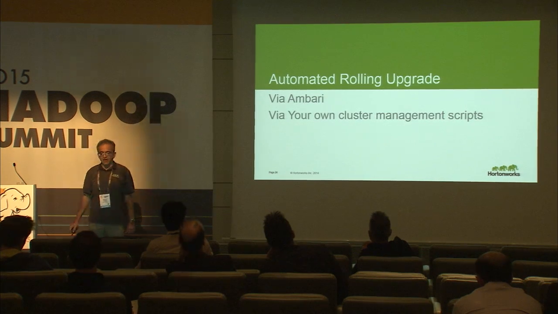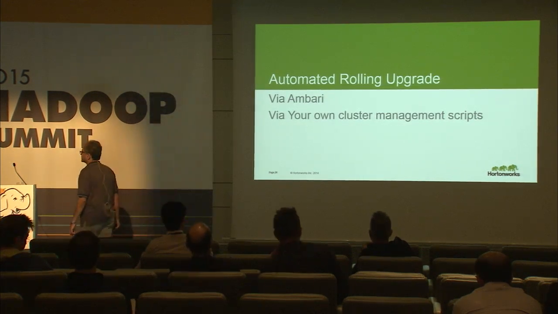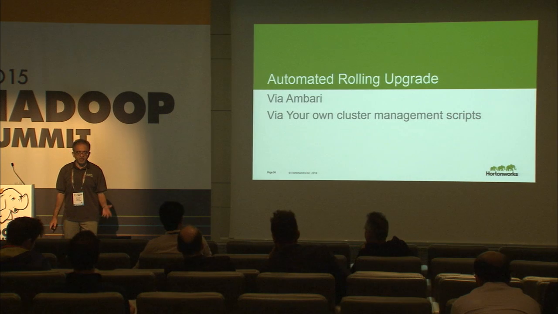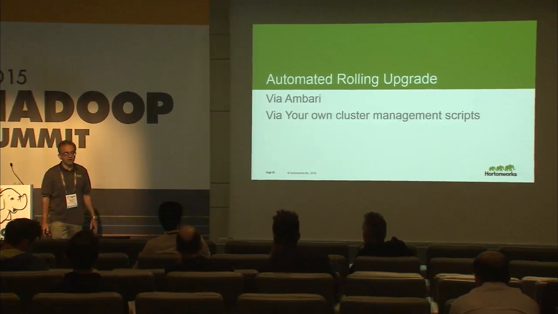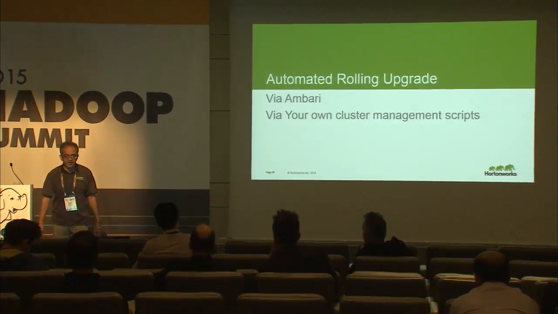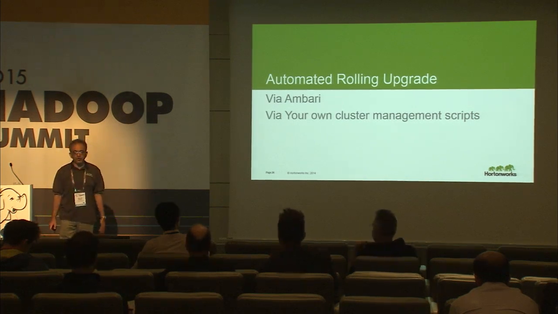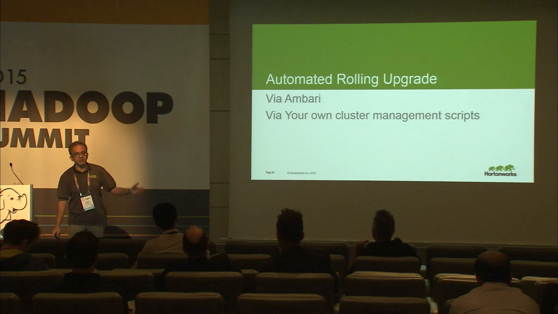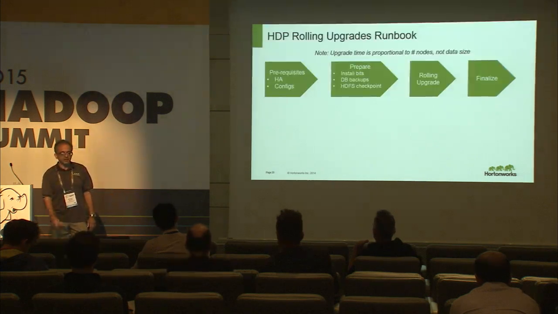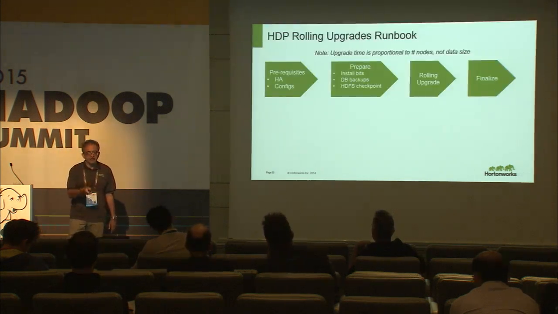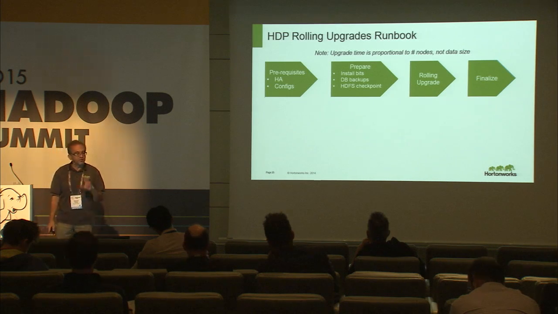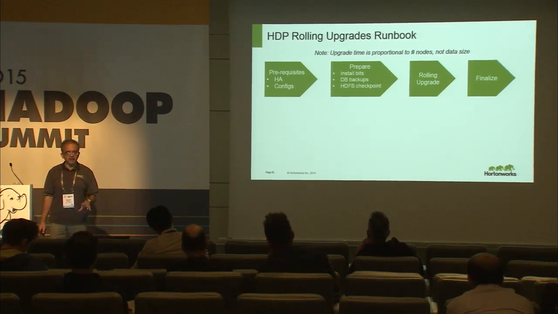Okay. Now, automated rolling upgrades. So we have a thing called Ambari that manages, it's like Cloudera's Cloudera Manager. And so you can do rolling upgrades via Ambari, or you could do it via your own Chef or Puppet scripts, okay? So typically what happens is that there's some bunch of prerequisites that you need to make sure are there. Ambari will take care of that.